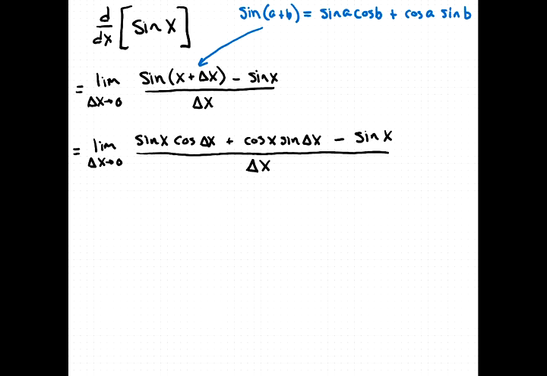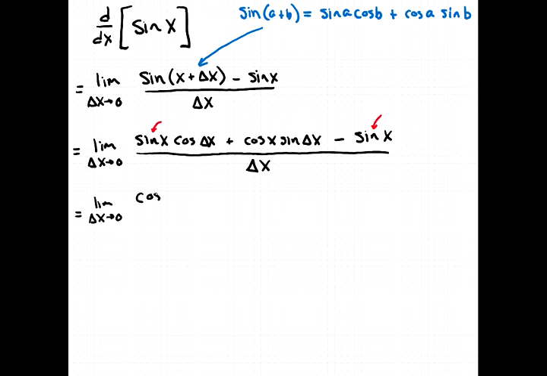Okay, so let's rearrange the terms in the numerator, because we have a sine of x here and we have a sine of x here. So let's just put those two together so we can factor out a sine of x. Okay, so we have the limit as delta x approaches 0. So let's just switch these first two terms.